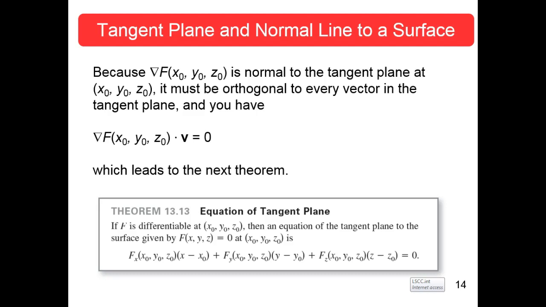Then an equation of the tangent plane to the surface given by f of x, y, z equals 0, that is how we define that surface to begin with, at the point x0, y0, z0 would be f sub x, which is your first component here, f sub x at x0, y0, z0, dotted with x minus x0, plus f sub y, which is the second component here at that point, dotted with y minus y0, plus f sub z, which is the third component here at x0, y0, z0, dotted with z minus z0, has to be equal to 0 because of the statement here.